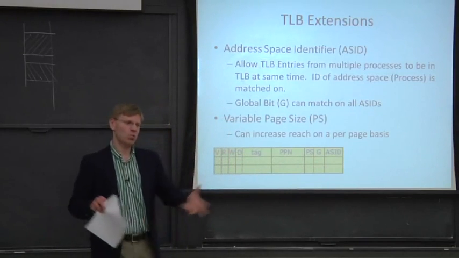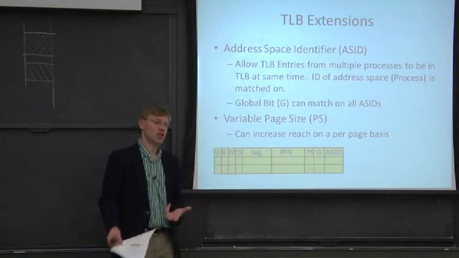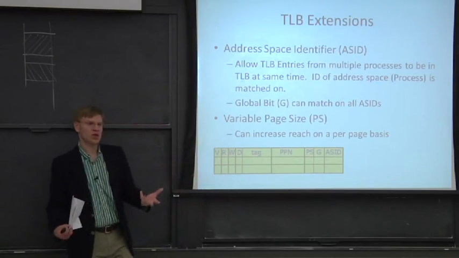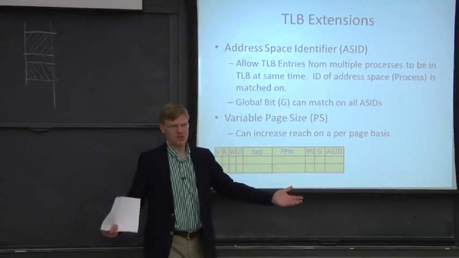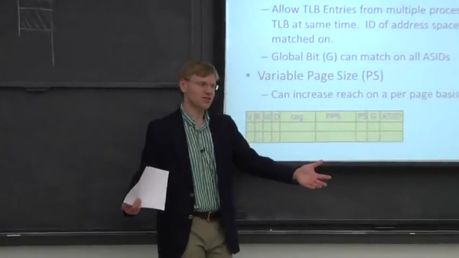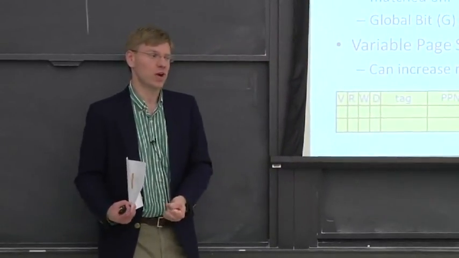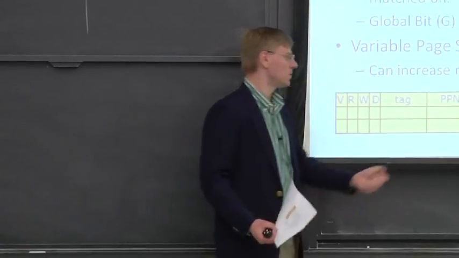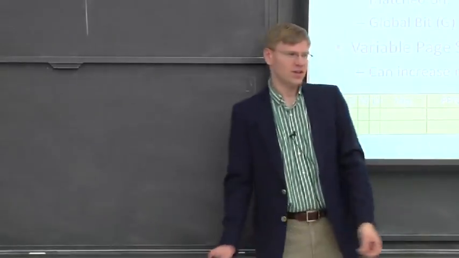So we can have 1 megabyte pages and 4 kilobyte pages at the same time in our page table. You can use large pages for large pieces of memory that you know are all going to be there, and small pages for something where you're worried about internal fragmentation. Most architectures do have variable page sizes.